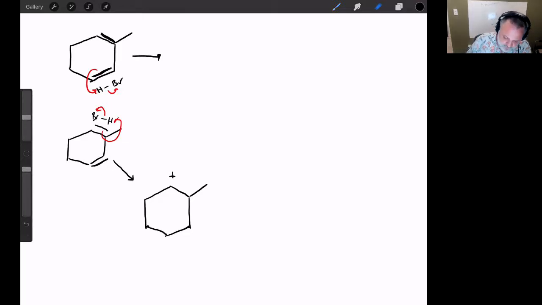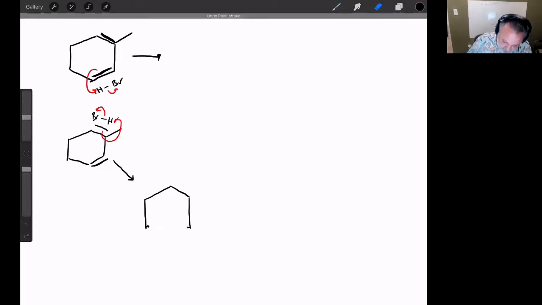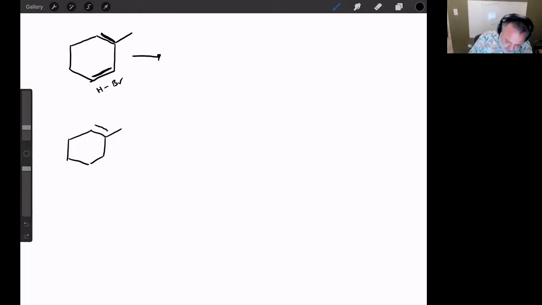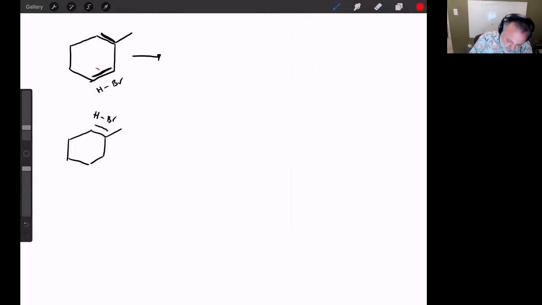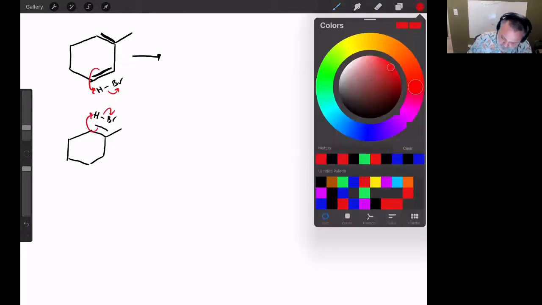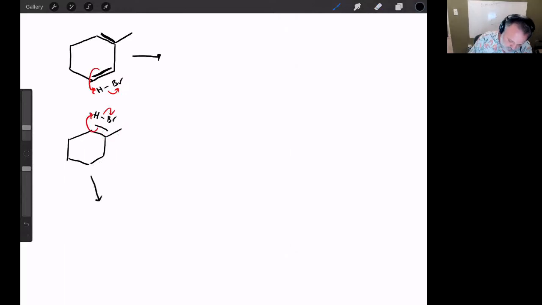Yeah, I already drew this one wrong, so let me back up. Trying to fix this mistake. I've already made a mistake here. I should have drawn it like this. So now let's redo these mechanisms. Okay, that's better. That's better. Still need that double bond there.